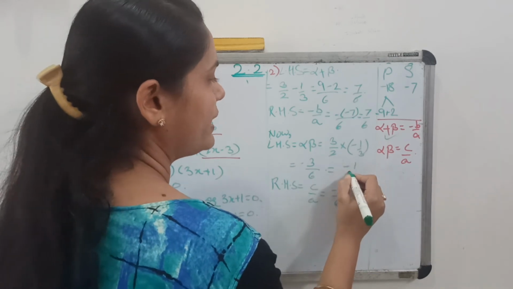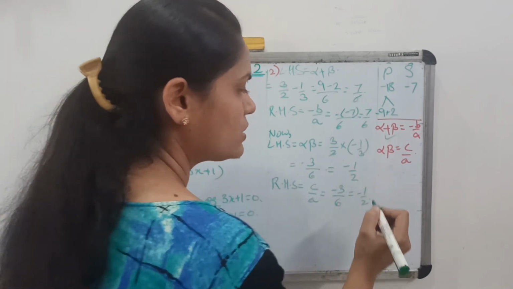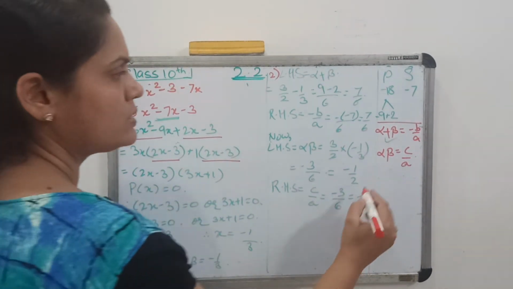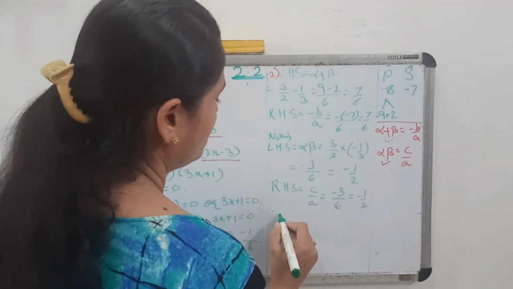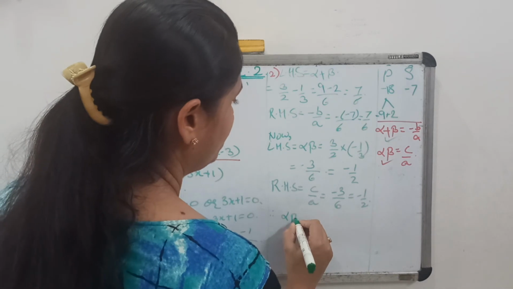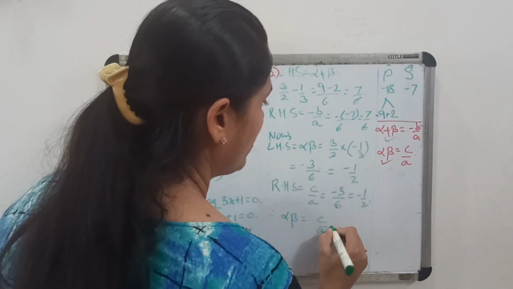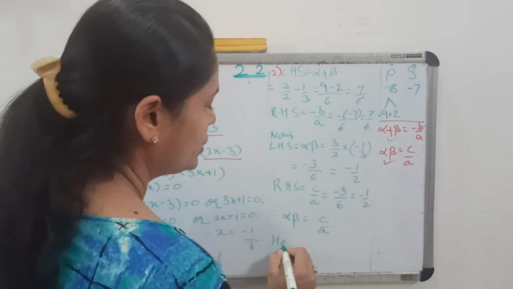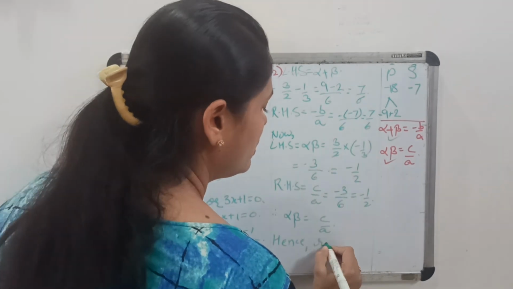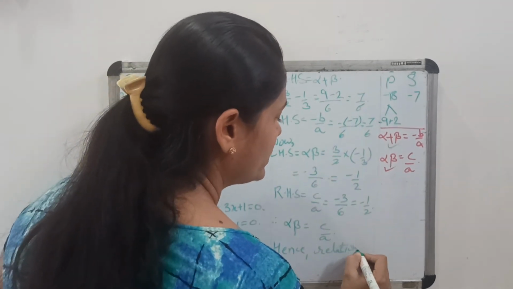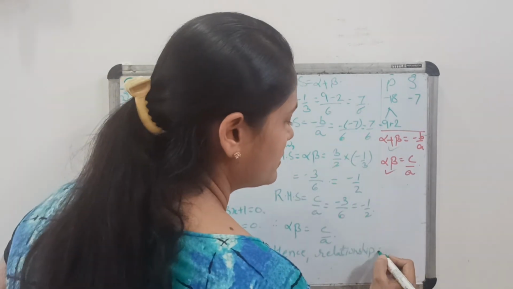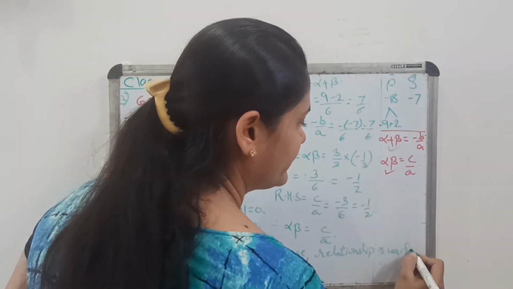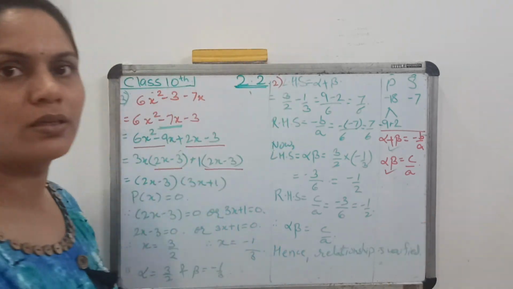Okay. This is minus 1 by 2. This is also minus 1 by 2. Hence, verified. Therefore, alpha beta is equals to C upon A. Hence, the relation between the coefficients and the zeros of the polynomials is verified.